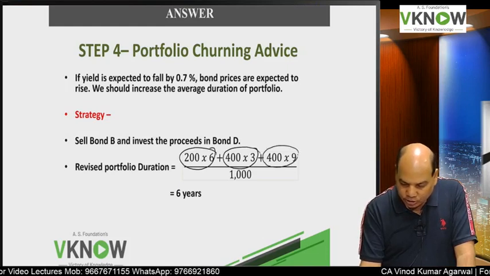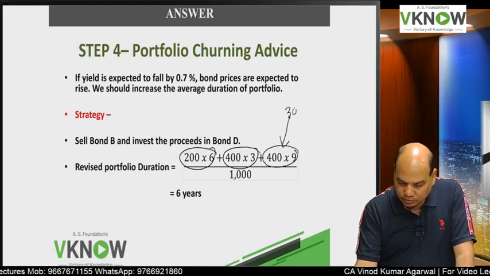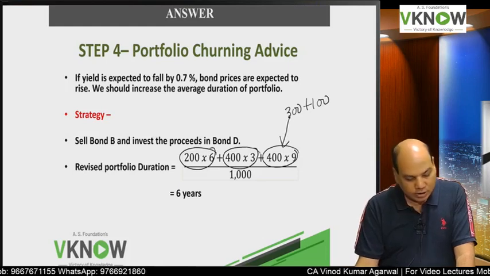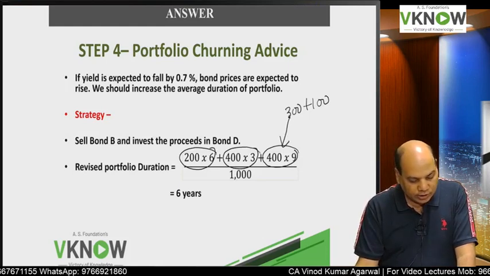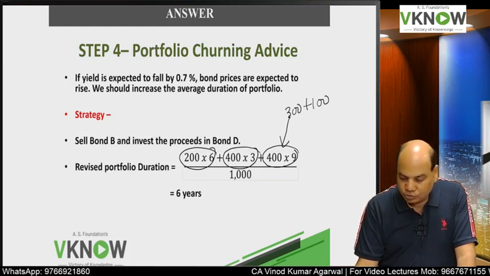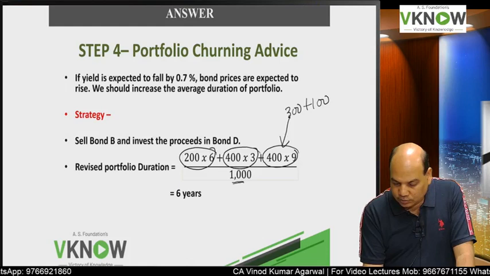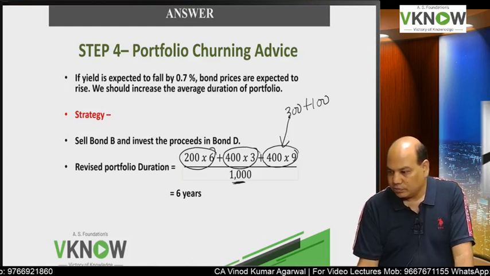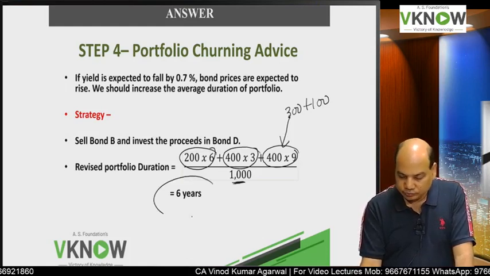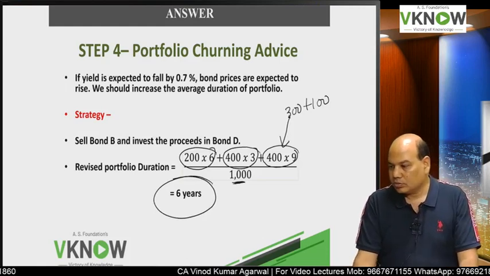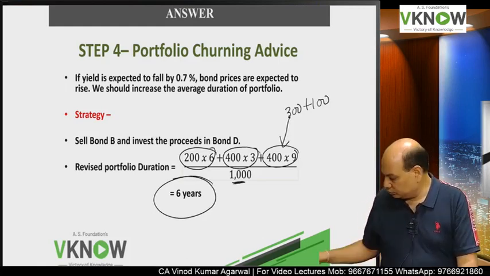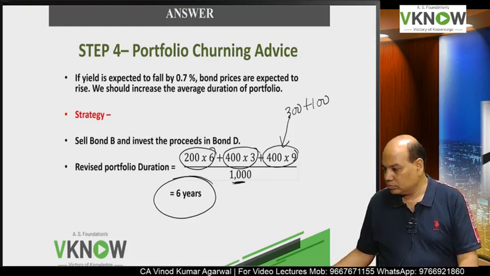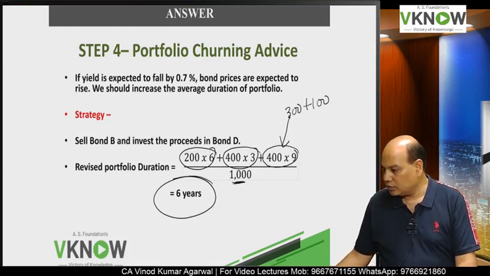And bond D will now have 300 plus 100. 300 is the amount realized from selling bond B and 100 is already there in bond D. So 400, and my total investment will be the same 1000. So please check the answer now. Is the answer 6 years?